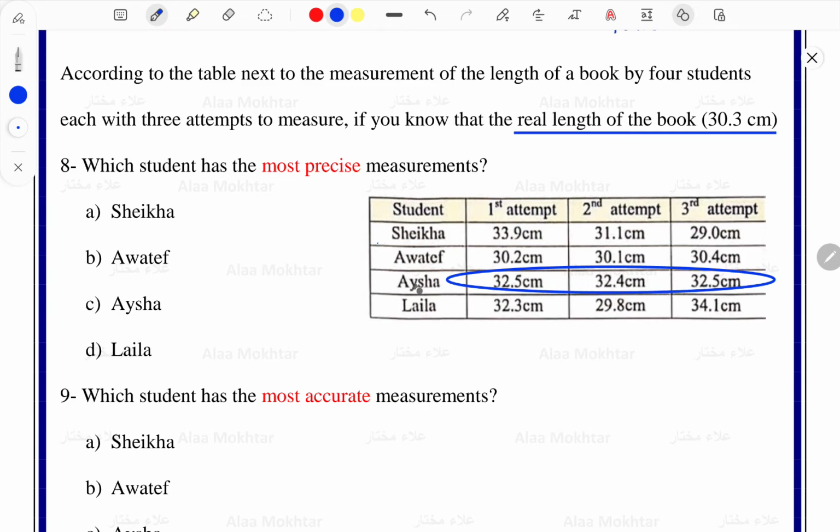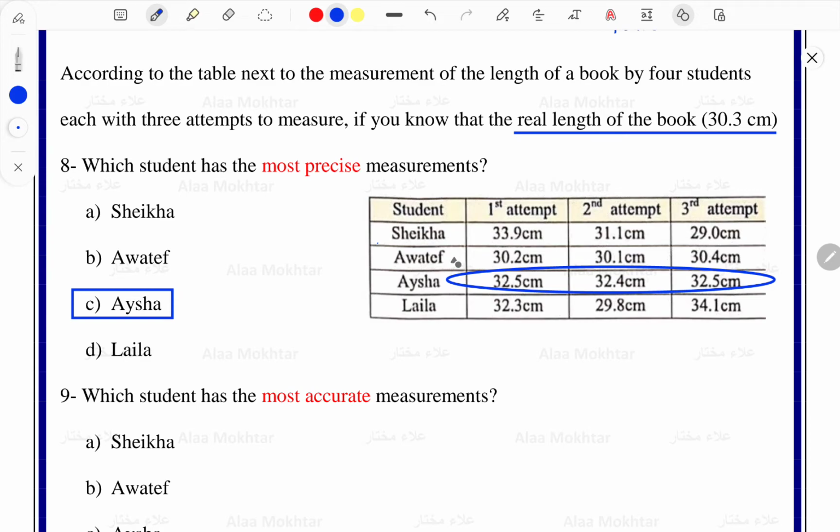So Aisha's measurements are the most precise. What about Layla? 32.3, 29.8, 34.1. It's very far from each other. It's not precise and not accurate.